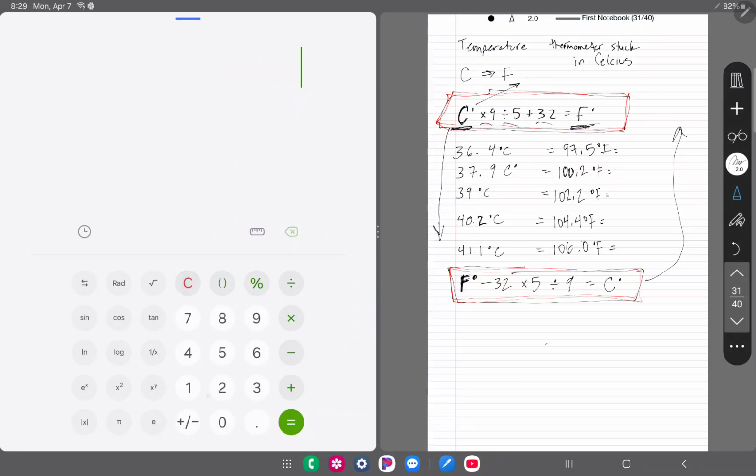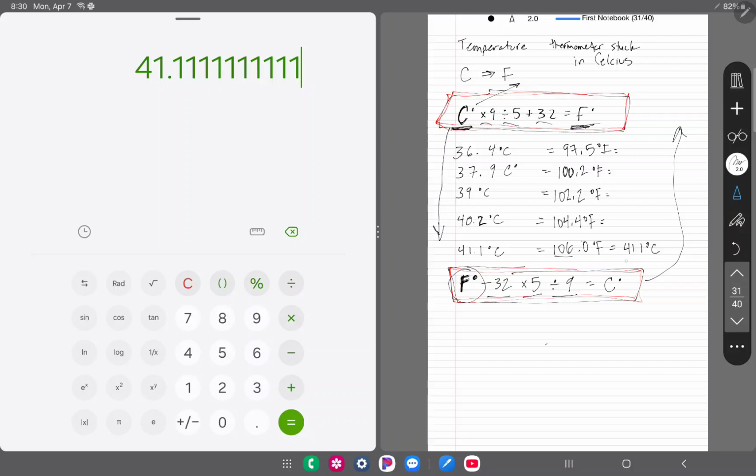For fun. If we have 106, and this, again, Fahrenheit, minus 32, and then times 5, and then divided by 9, and now we get 41.11111.